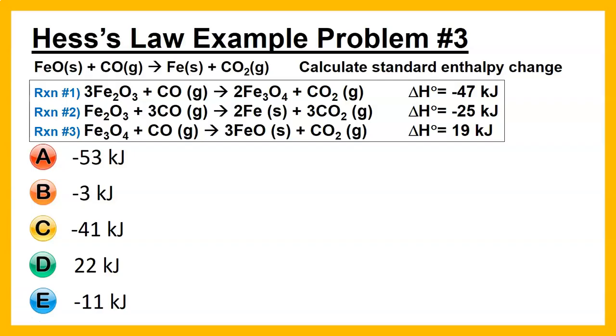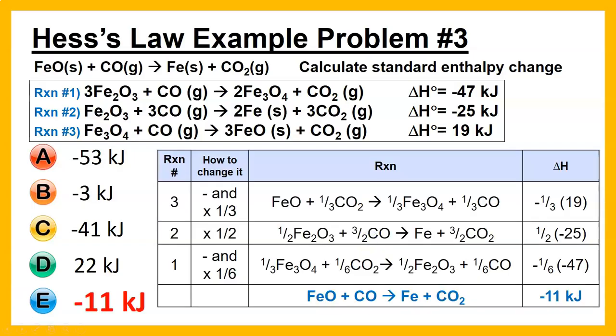All right, I'll show you how my brain did this problem, how I figured out the puzzle. So I get negative 11 kilojoules. I start with reaction 3 because I want to get my iron oxide on the left. Reaction 3 has this iron 2 oxide, but it needs to be flipped.